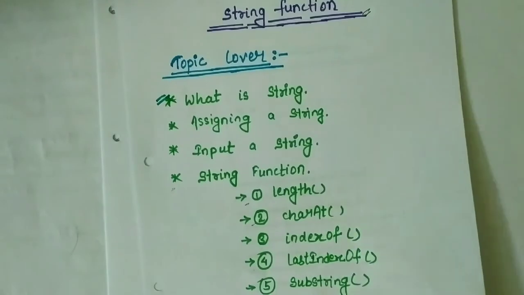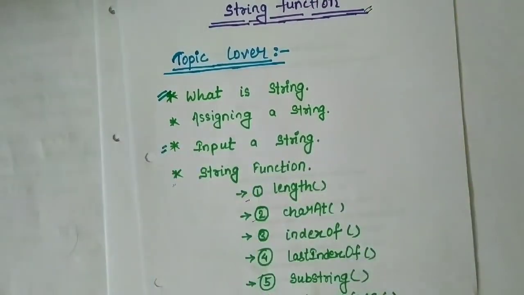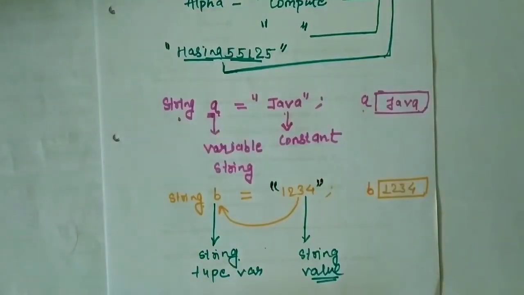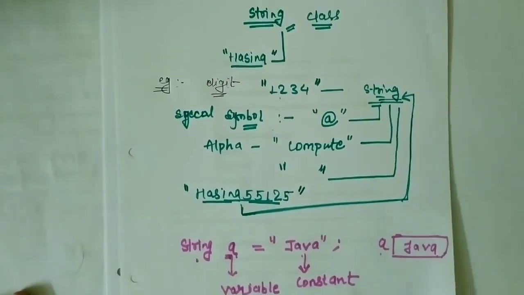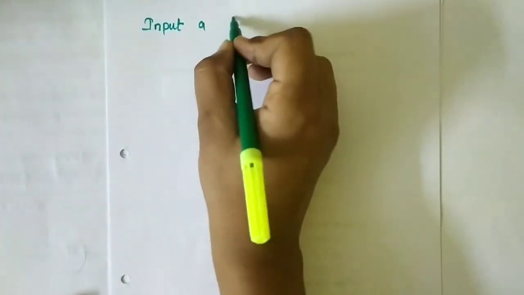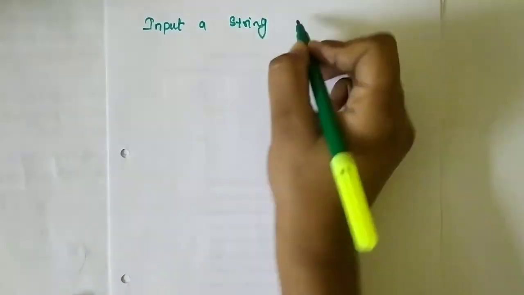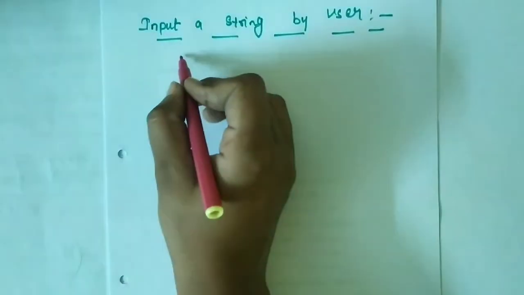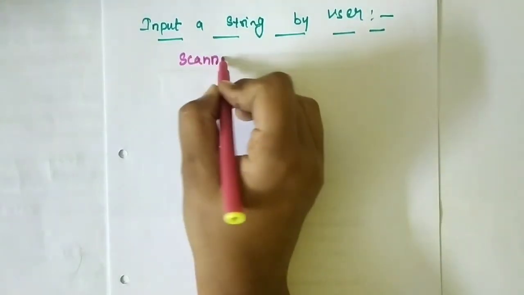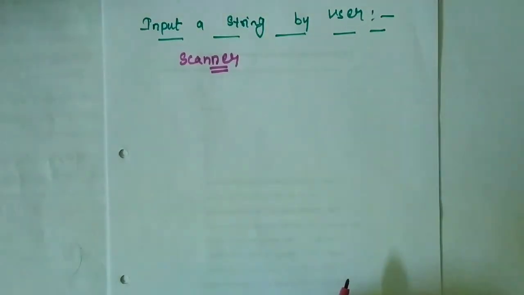Next we see how we can take an input string from a user. That means how we can take a value from the user, where the value given by the user is of type string. Suppose any programmer uses the Scanner class. In the Scanner class, which function is used to accept a string?